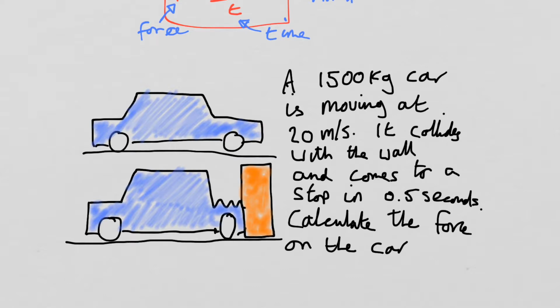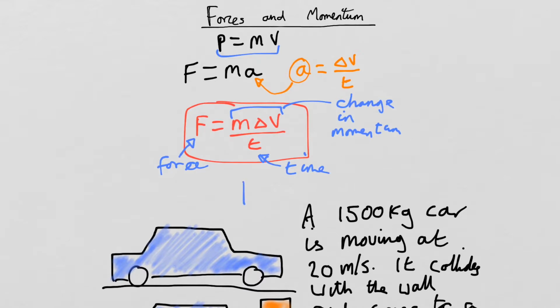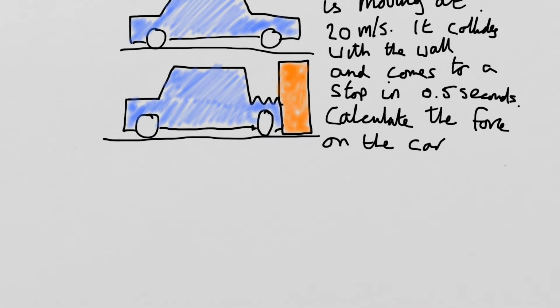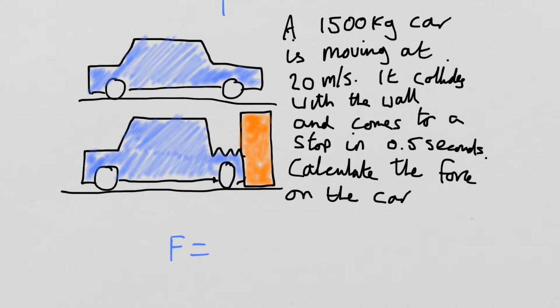So first things first, let's plug it into this equation here. Okay, so F is mass times change in velocity. So the mass is 1500. The change in velocity, if it goes from 20 to 0, technically is going to be minus 20. I'm just going to put in 20 here.